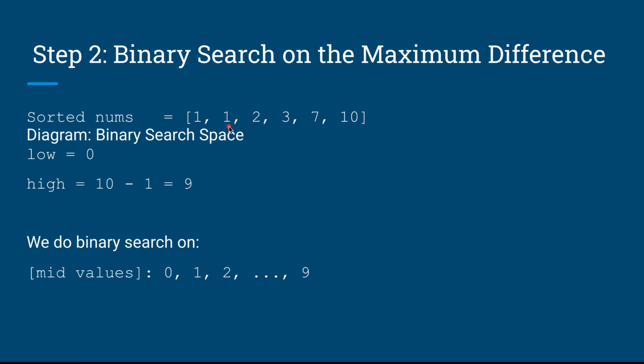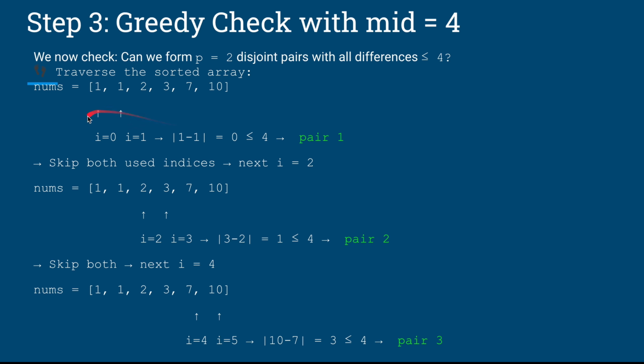Counting 0 1 2 3 4, the mid will be here, with low, mid and high. So the mid is at 4. Understood why the mid is at 4?